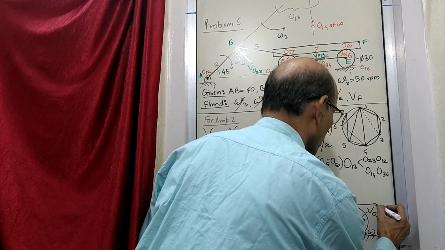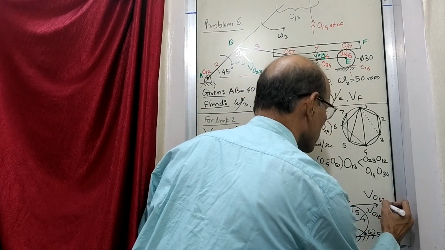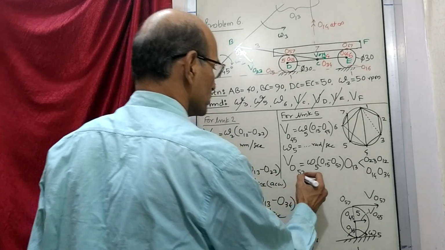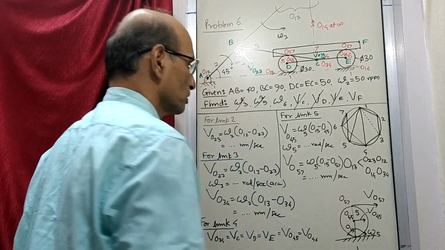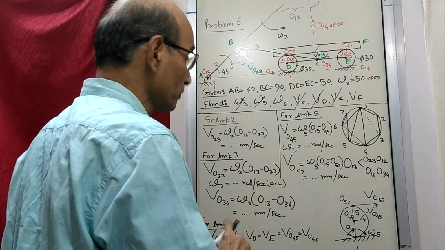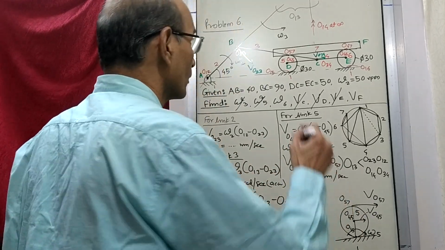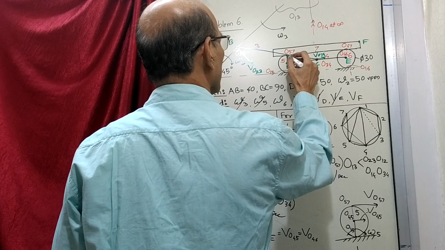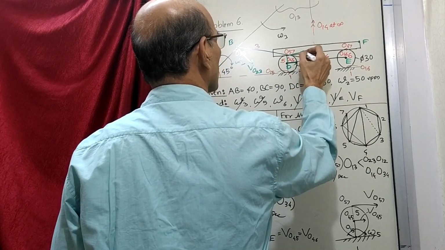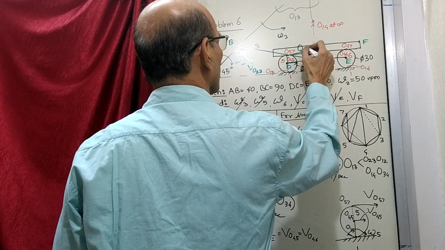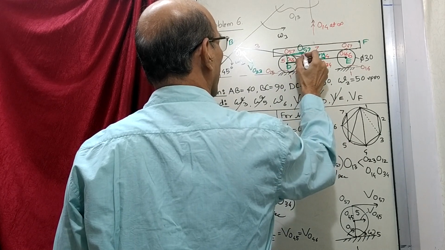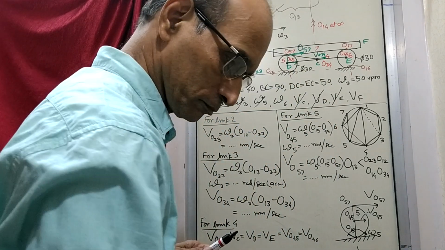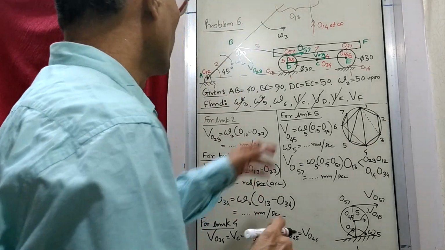So this is going to be your velocity of O57. So you can obtain this velocity, this much. So velocity of 57, this is velocity of 45. If you join, this becomes velocity of O57. So that is velocity of O57.